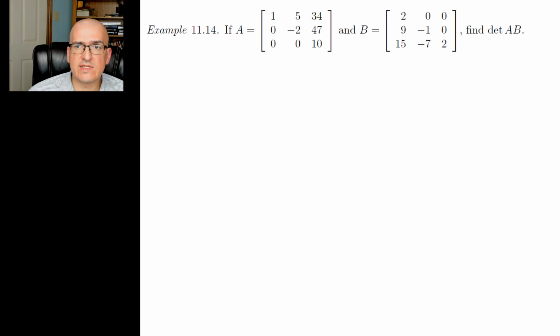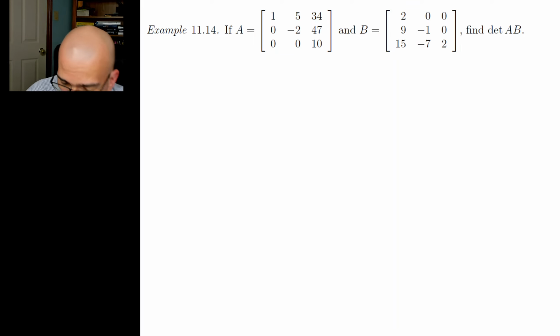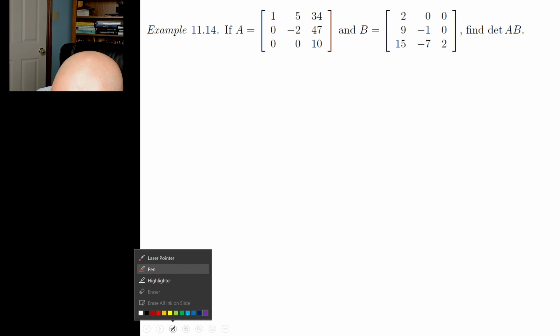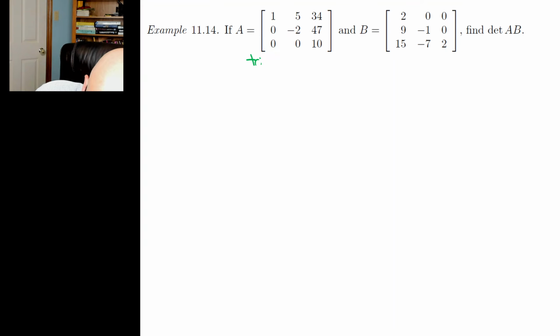But it's not as easy as just noticing that each of these matrices is triangular, so each has a beautiful determinant. This one's upper triangular. The next one's lower triangular. It doesn't really matter if we label them upper or lower right now, but I'll label them anyway.